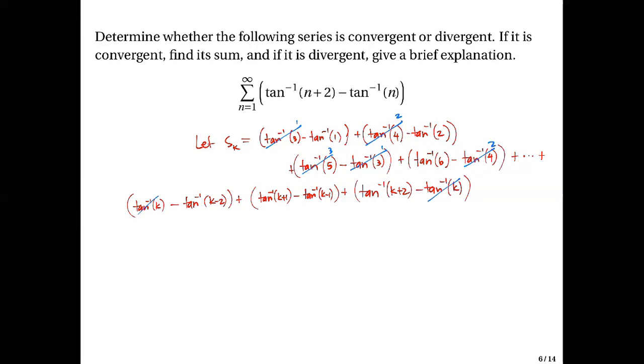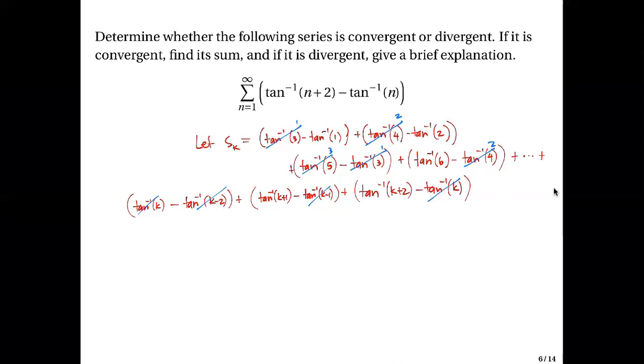So this guy here will cancel the term previously. This guy here will cancel the term also previously. But in here, the one that will cancel this guy is the next term. And of course, the one that will cancel this guy is two terms after this.